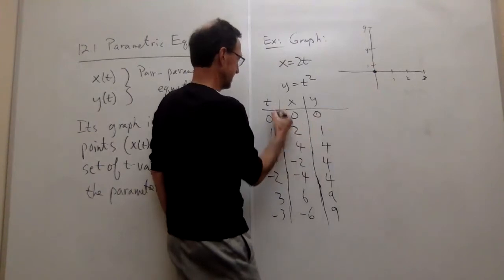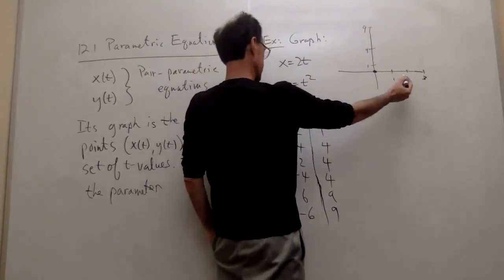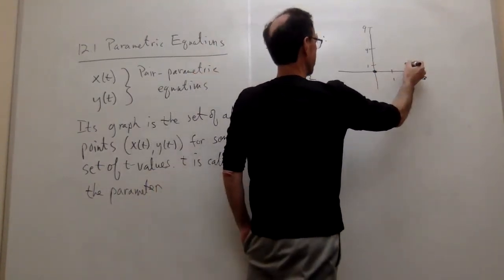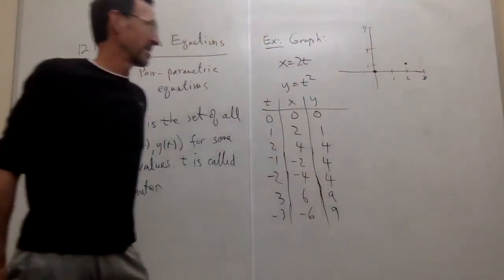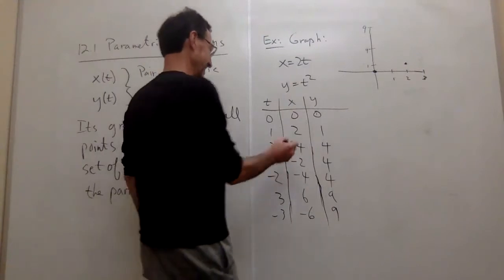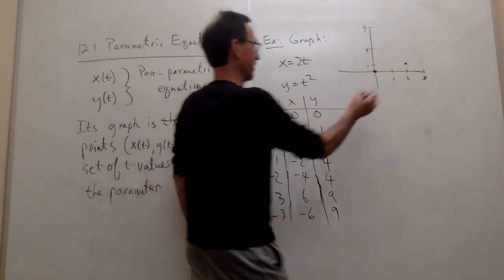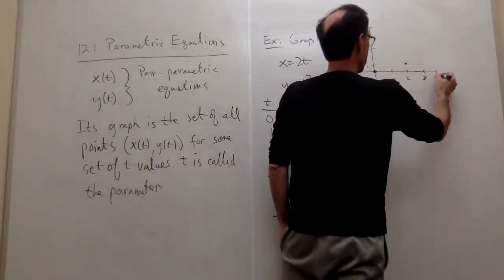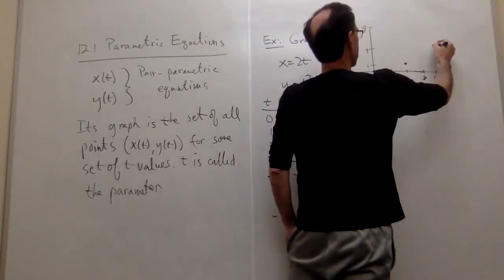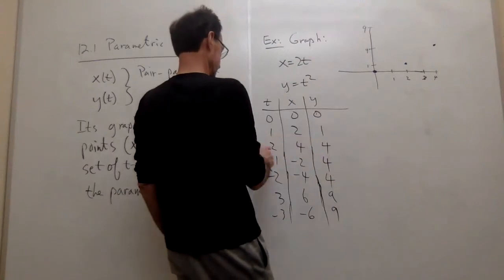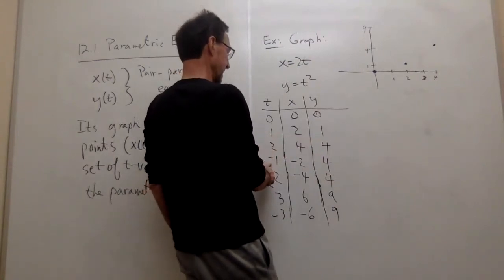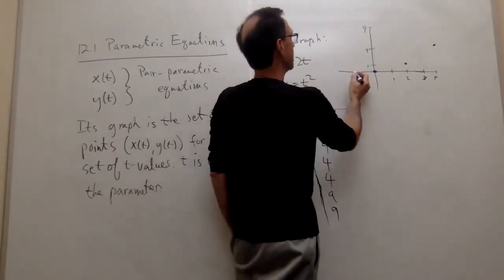When t equals 1, x is 2, y is 1, so that gets me this point. Notice I've compressed the y-axis a little bit because the values get larger. When t equals 2, I'm at the point (4, 4). And when t equals -1, (-2, 4).